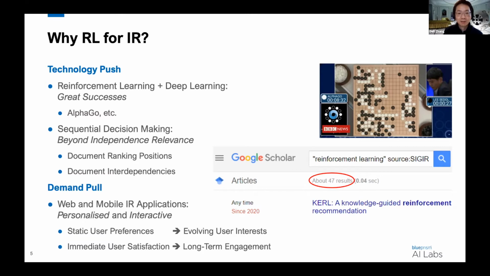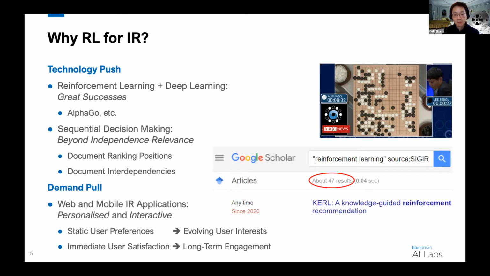And on the other side, we also have the demand pull. More and more information retrieval applications are provided as web applications or mobile applications, and these applications are personalized and interactive.